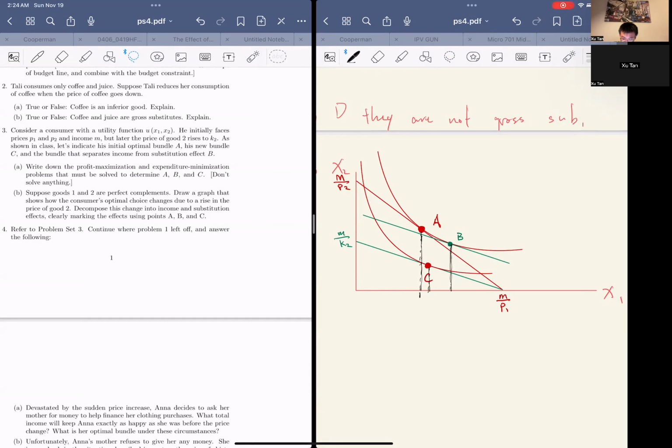From point A to point C, this is our total effect. From point A to point B is the substitution effect.